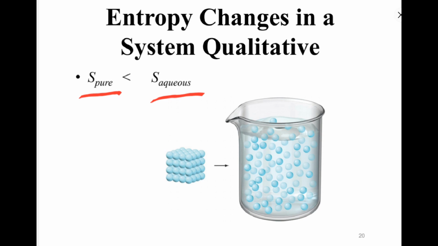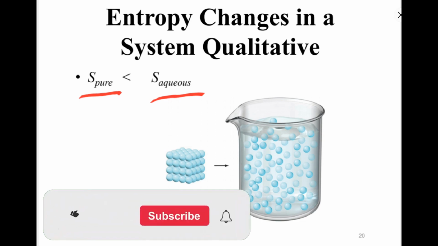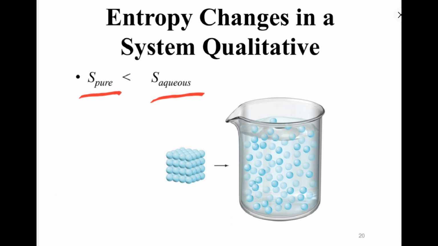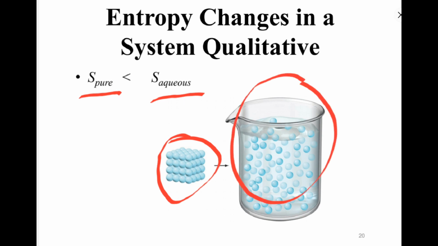Alright, now let's compare the entropy changes in pure solids and aqueous. So aqueous ማለት ውሃ ውስጥ solid material dissolve ሲሆን ማለት ነው። ስለዚህ as you can see, the particles in solids are closely packed, therefore they are more ordered ማለት ነው. Whereas in aqueous solution ግን the particles are what? Far apart, ስለዚህ they are less ordered.